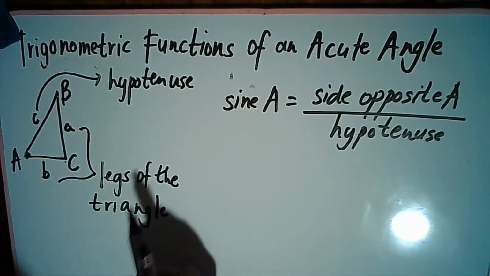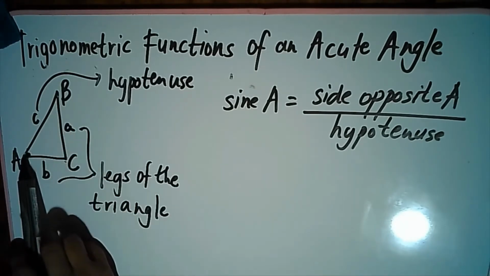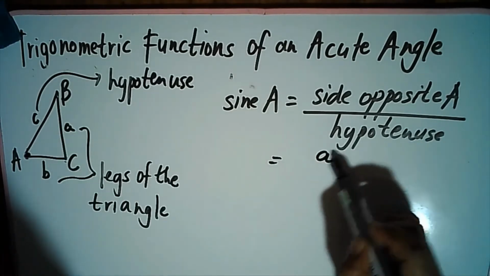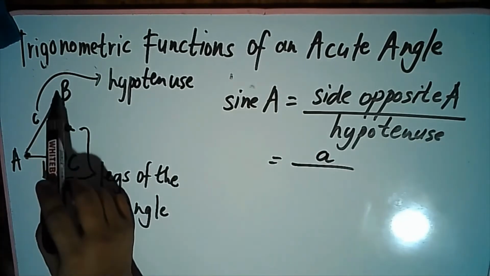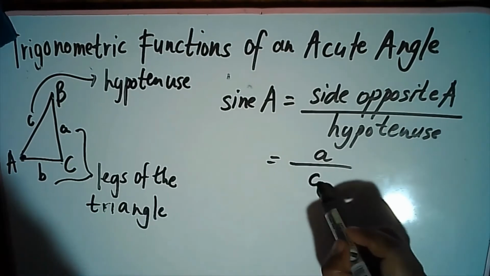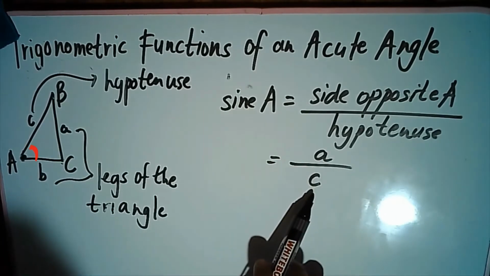If we look at the triangle, the side opposite A is the small letter a, and the hypotenuse is the side c. So sine A is equal to a over c.